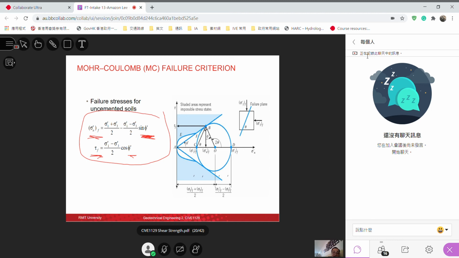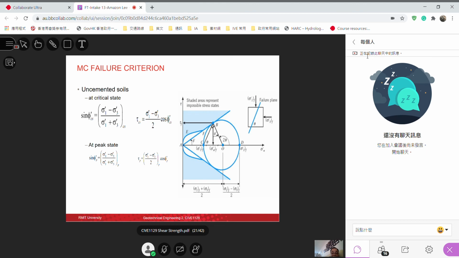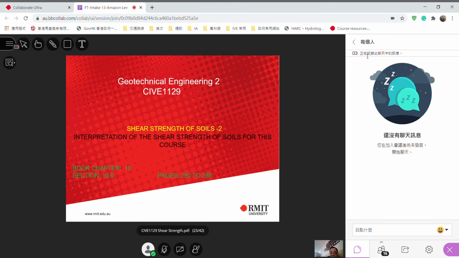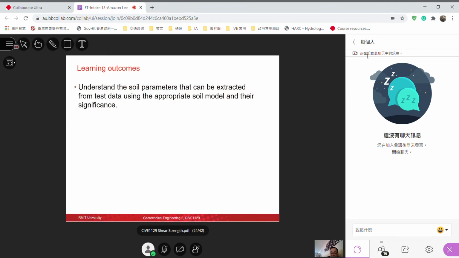So you have this 1, 2, 3, 4. This set of four equations is important. We make use of these equations to solve the question we just discussed.